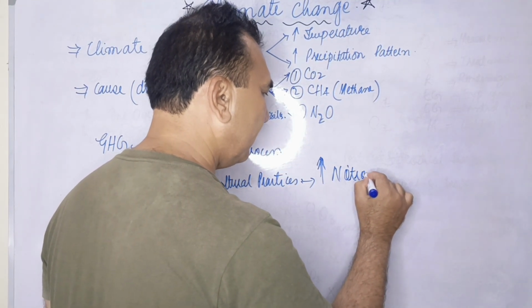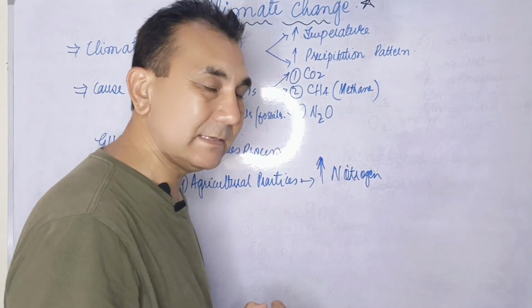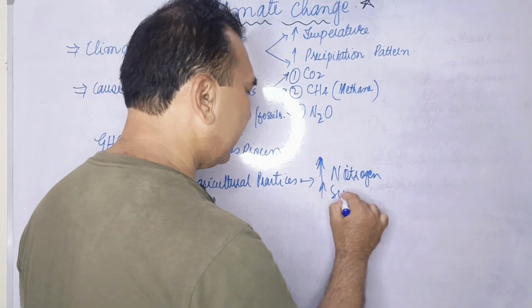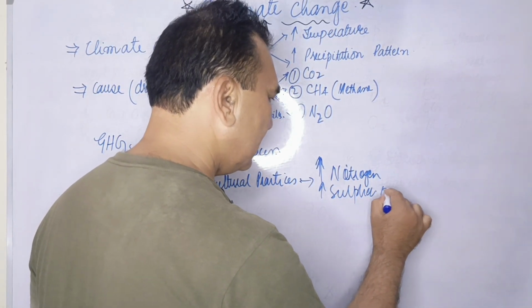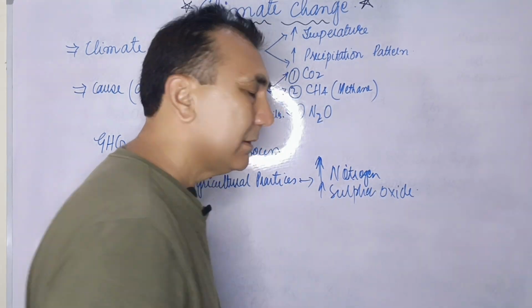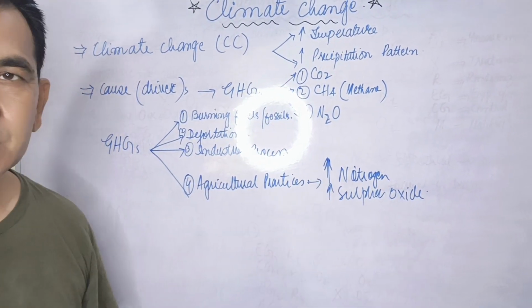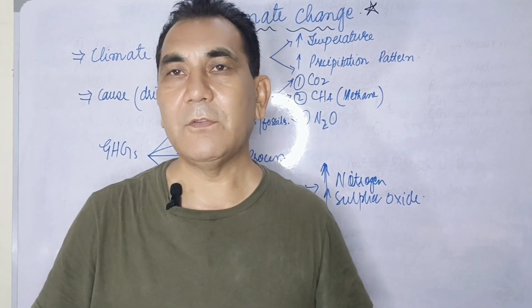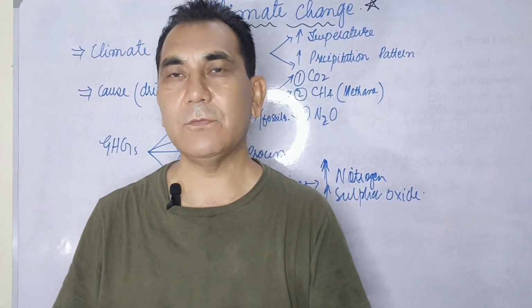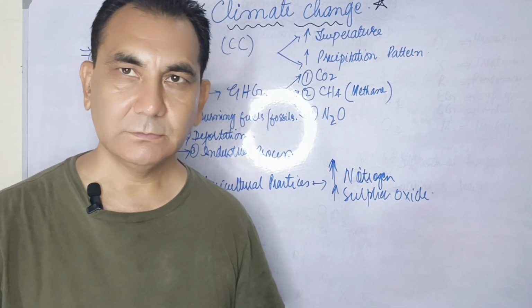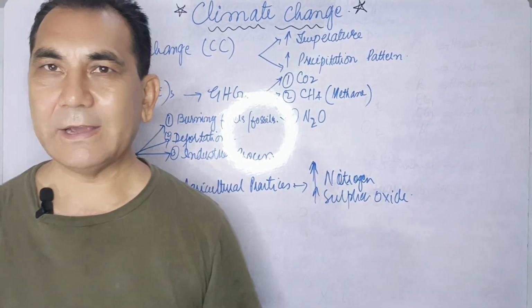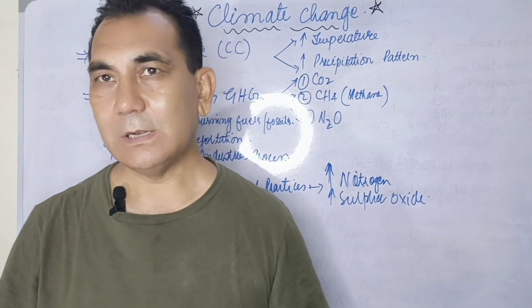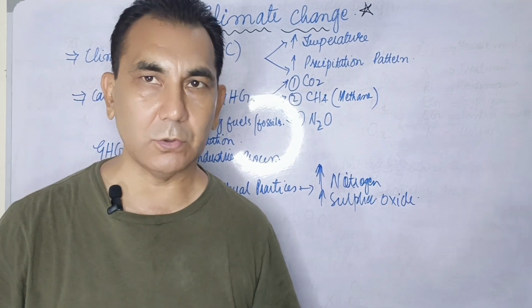in the form of fertilizer, and again the sulfur oxide. The sulfur oxide and nitrogen are mostly used in fertilizer, and secondly in pesticide for agriculture, for crop cultivation or crop growth.